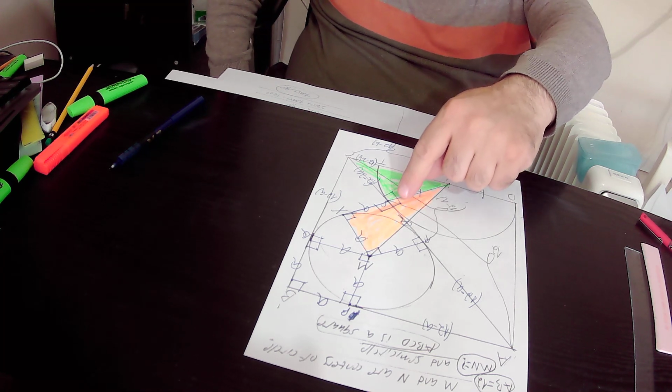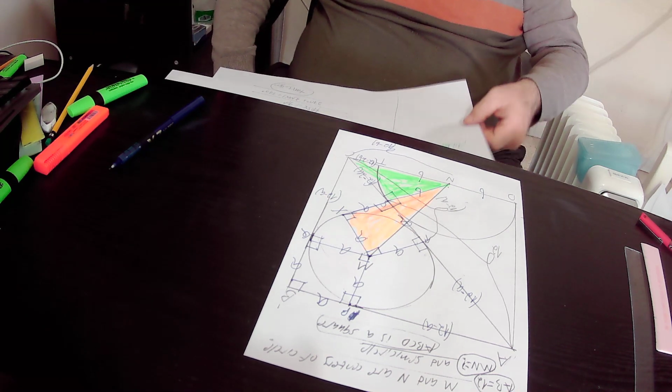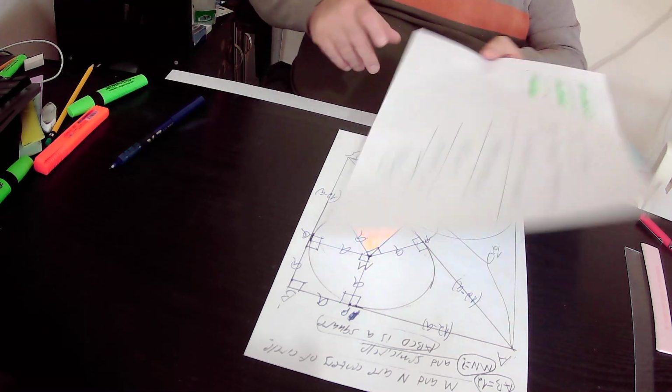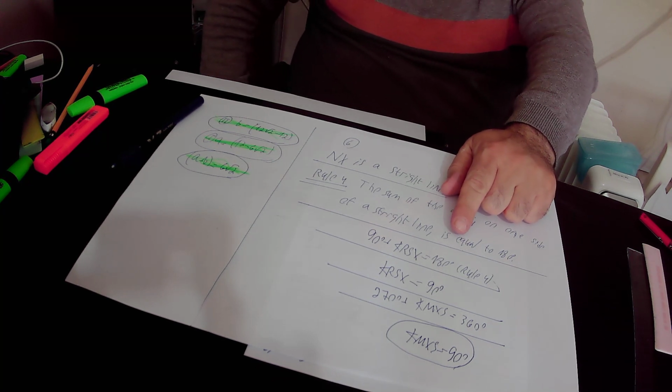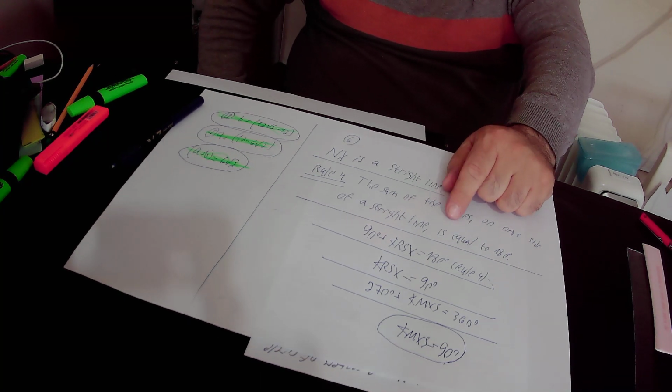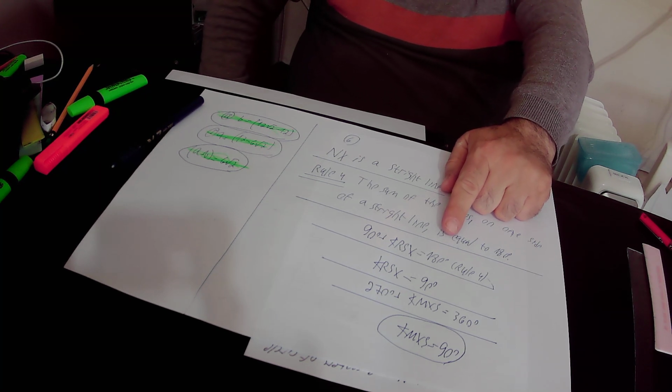So here we have 90 degrees plus the size of angle RSX. In total they must be equal to 180 degrees according to rule number 4. We subtracted 90 degrees from this equation and we got that angle RSX equals 180 degrees minus 90 degrees is 90 degrees.